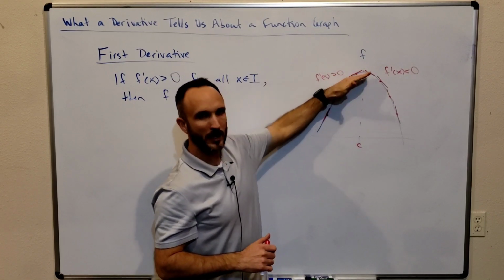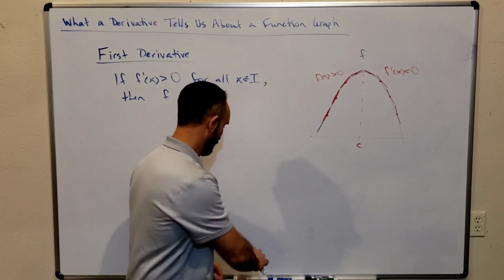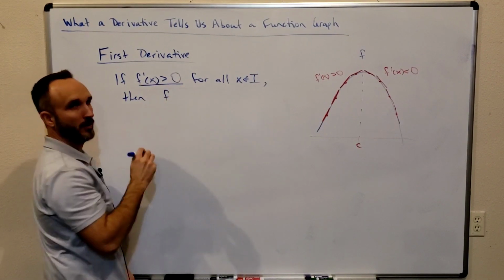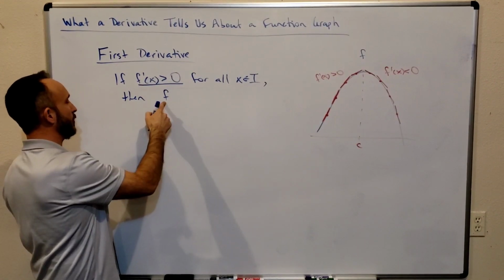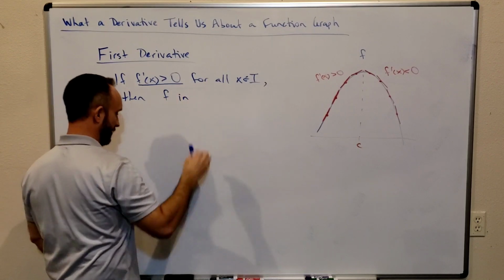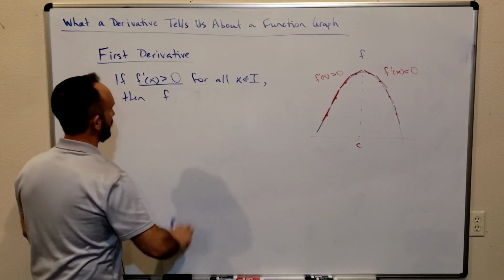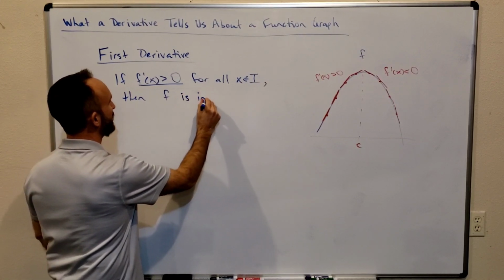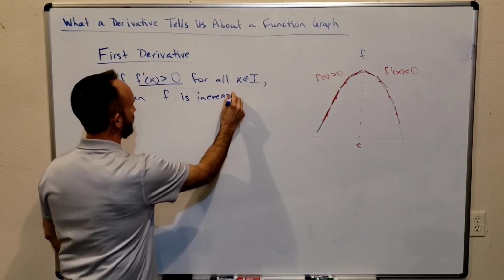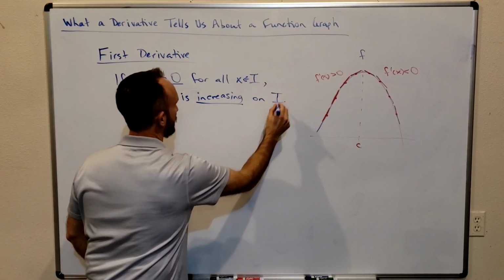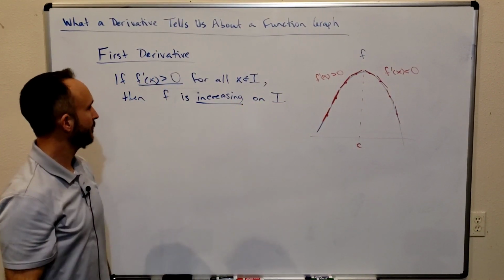And so if the function is going up, that's called increasing. So whenever f prime of x, the first derivative, is positive, then the original function is increasing on that interval. Okay? It's going up from left to right.